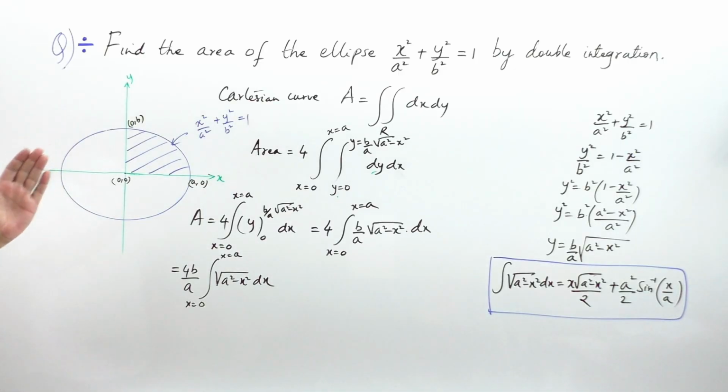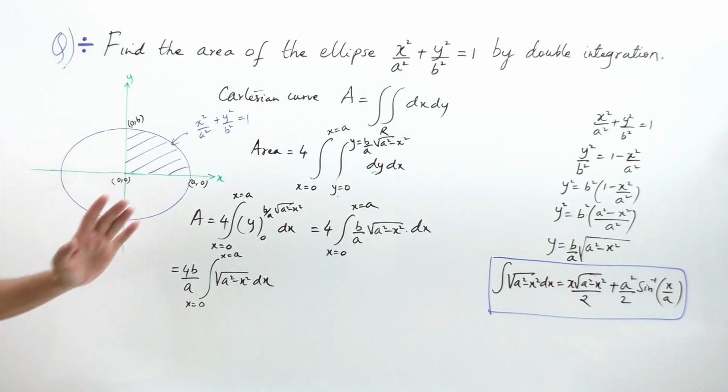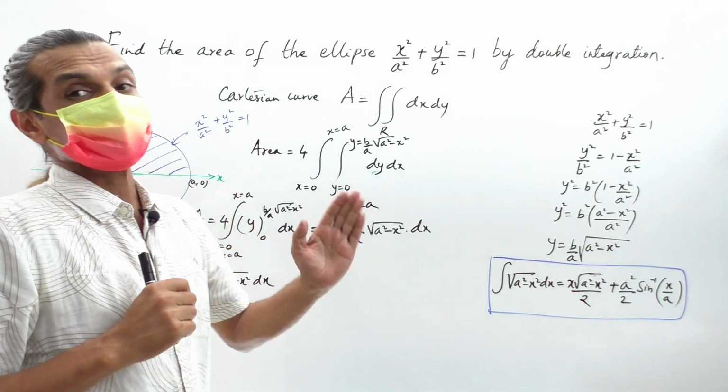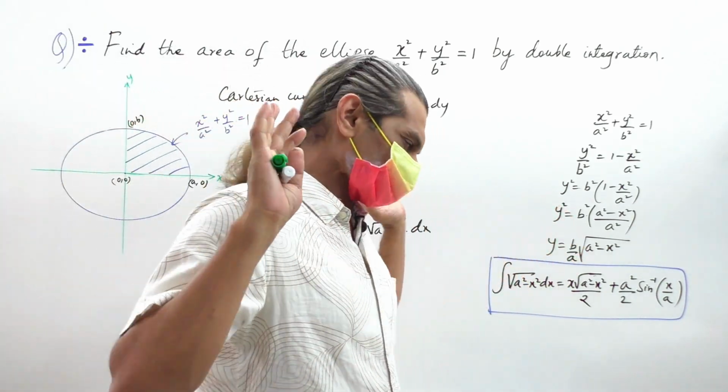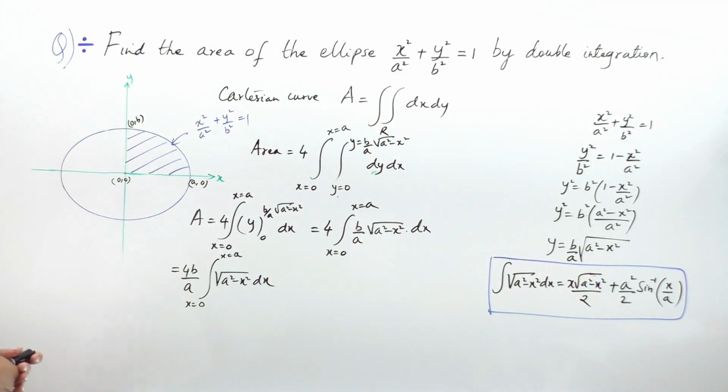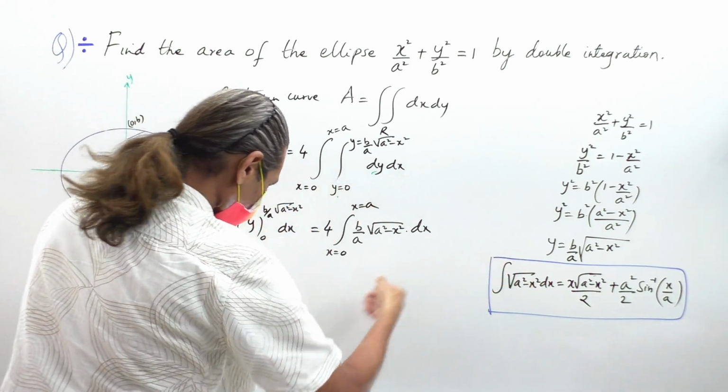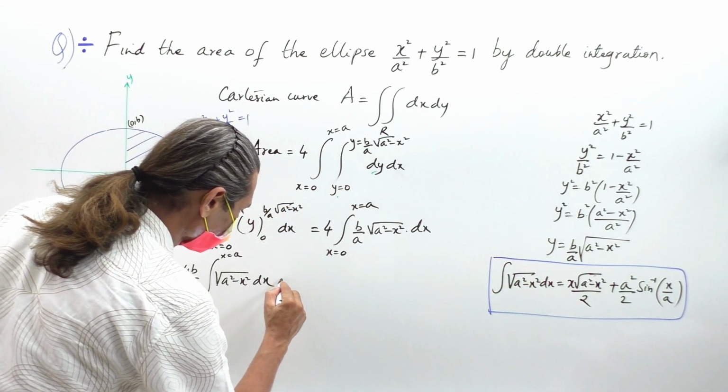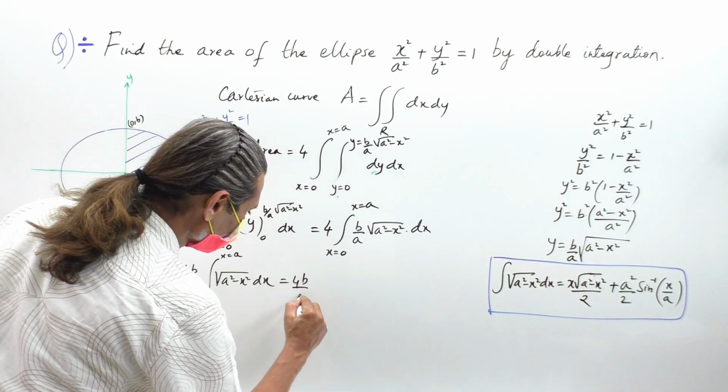Again, listen to my words carefully. Very standard formula. Integration of root of a square minus x square dx is equal to x root of a square minus x square over 2 plus a square over 2 into sine inverse x by a. That's it, simple. Please practice it 10 times and memorize it. Now, directly have the formula here. So, this will be now 4b over a.